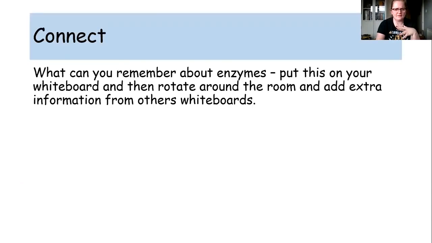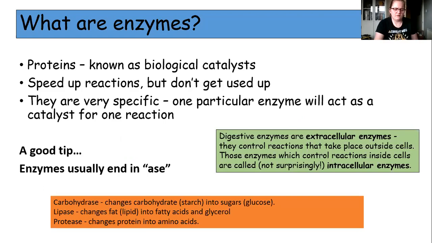Enzymes are proteins that are called biological catalysts, and they are able to bind to substrates. What they do is speed up a reaction. All catalysts, which you'll come across in chemistry, are anything that speeds up a reaction.